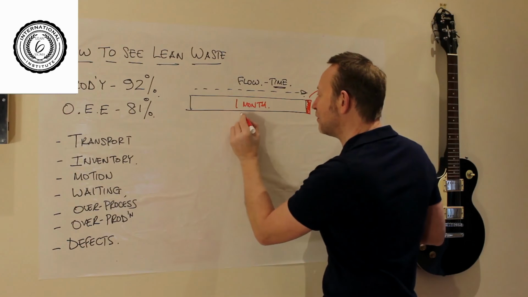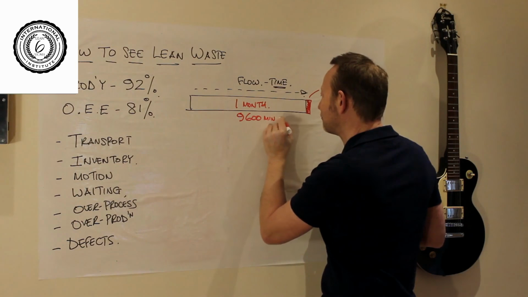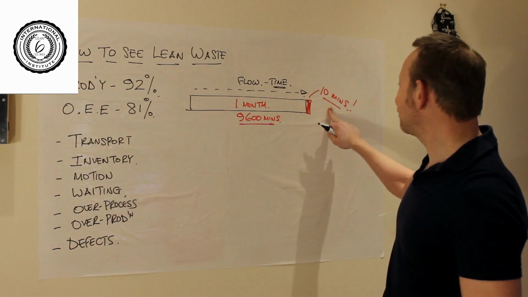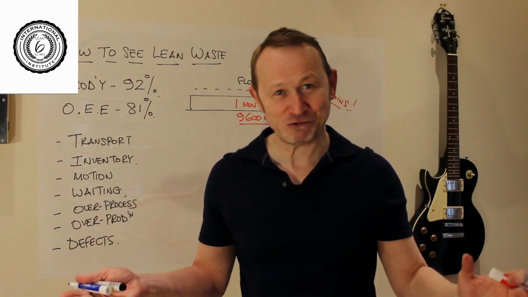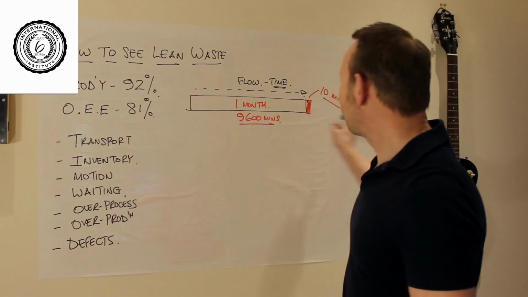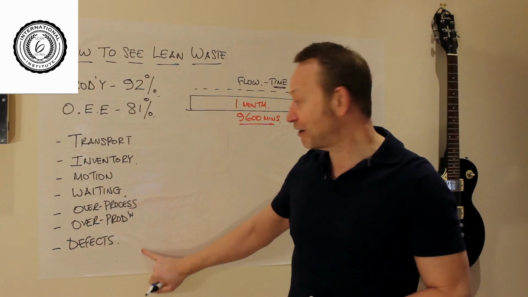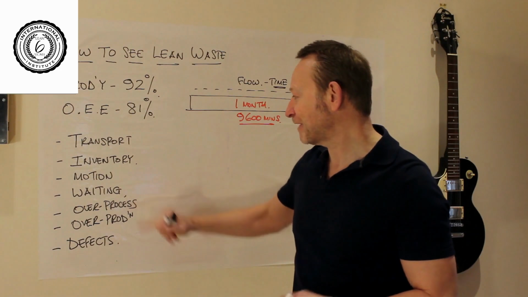I think 1 month is something like 9,600 minutes. I could be wrong, so if we just keep it in minutes to minutes, this is the value. This is the bit that the customer's interested in. They're only interested in transformation time. The rest of the time, the item was sitting around, it was waiting, it was in inventory, it was being transported, etc.